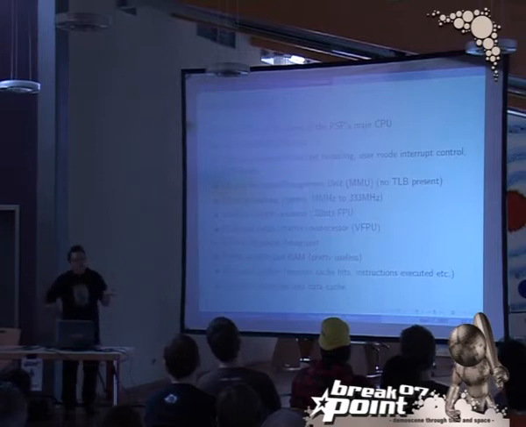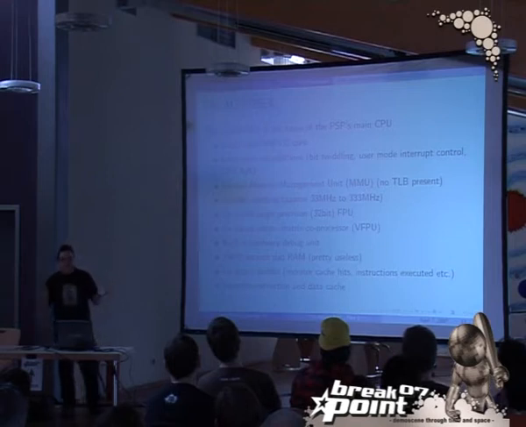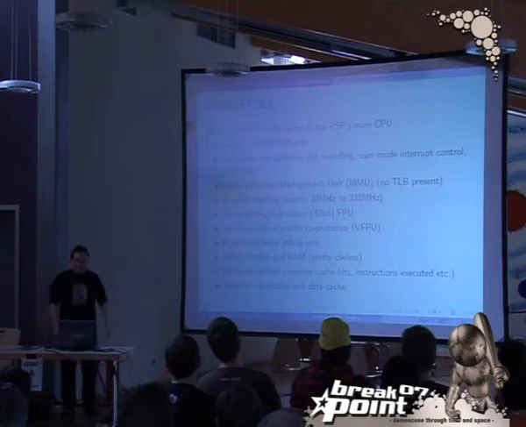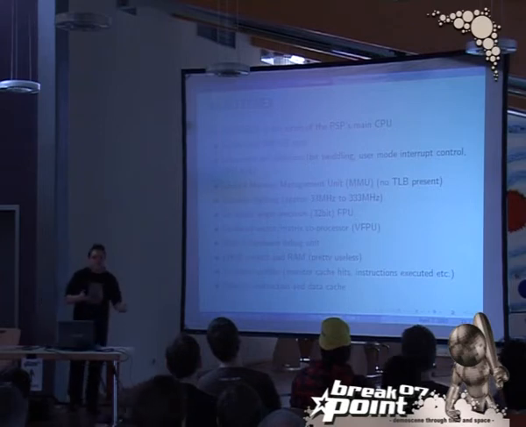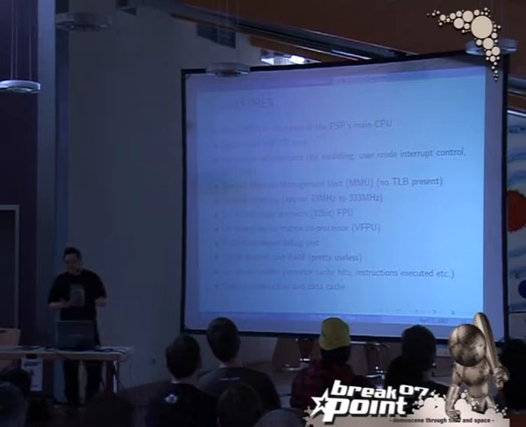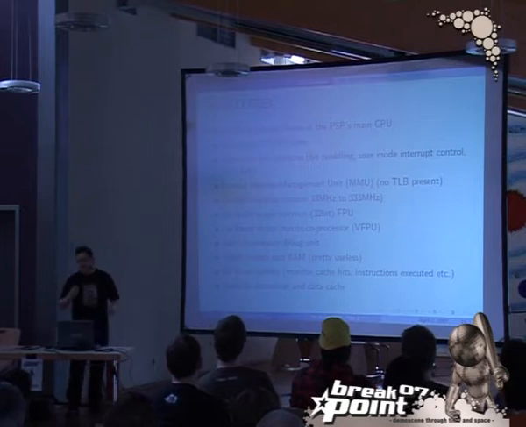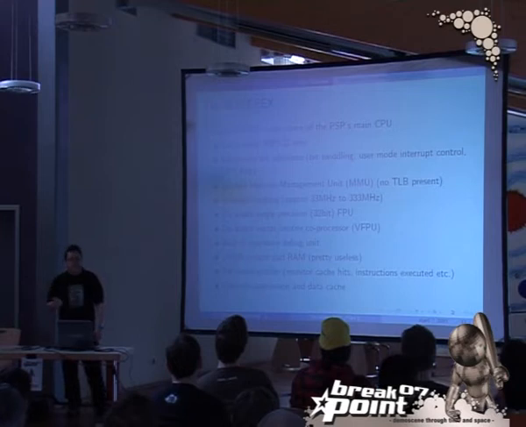The core of the PSP is this custom MIPS processor, which Sony referred to as the Allegro X. It contains the basics of a sort of MIPS32 core, but with extra instructions pilfered from other MIPS CPUs, sort of bit manipulation, user mode interrupts, and a CPU halt to try and reduce power consumption. It doesn't actually have a memory management unit.